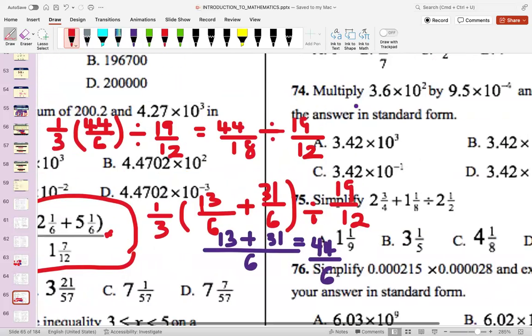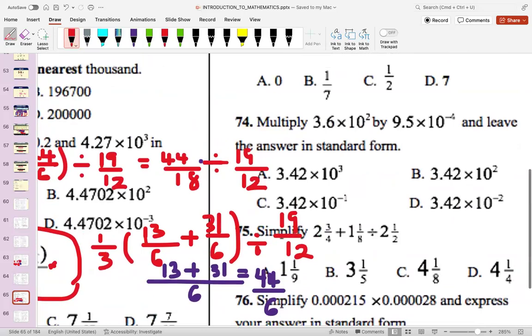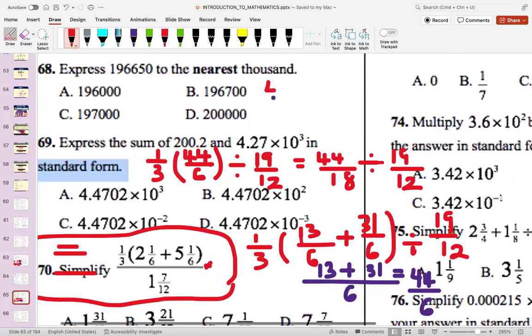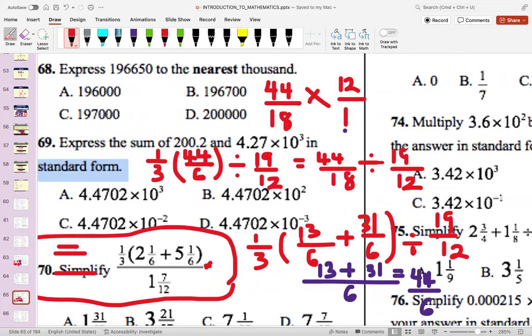Then we use the law of reciprocity to break this one down again. So we have 44 divided by 18, and then we change the division to multiplication. And then the 12 comes up, and then the 19 comes down.